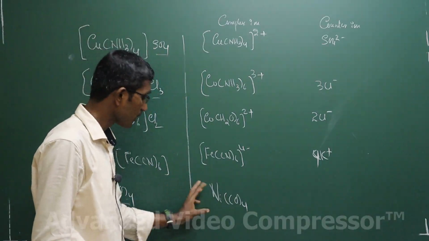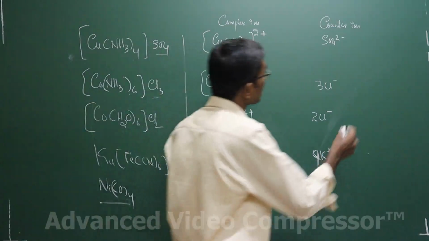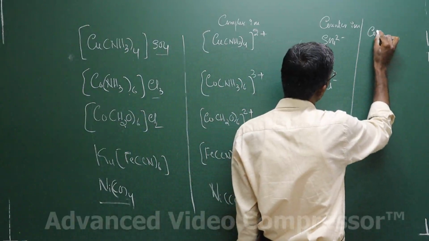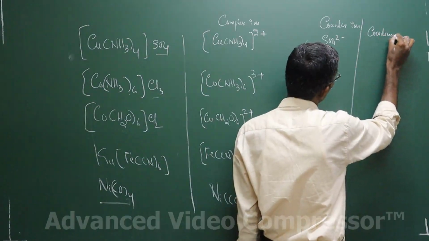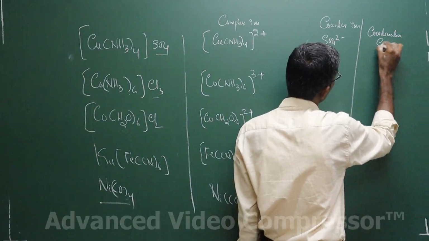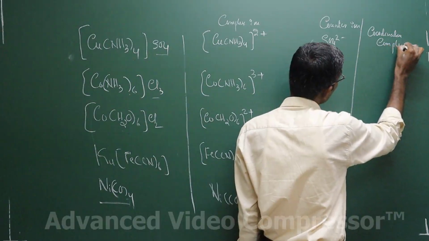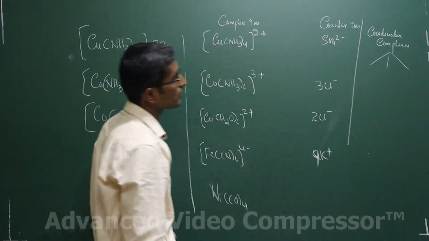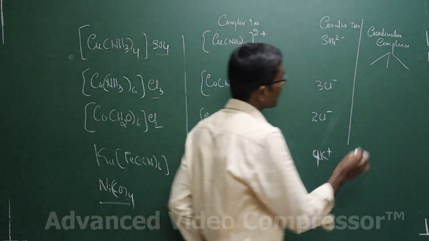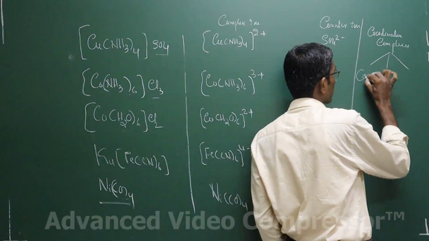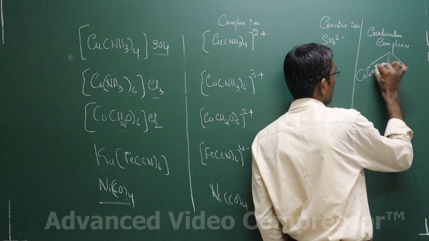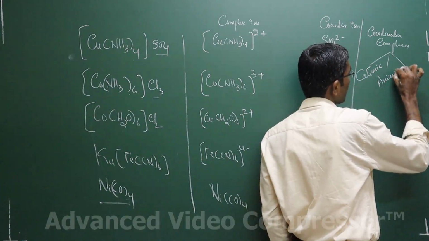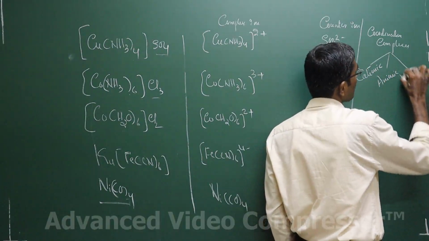In other words, coordination complexes can be subdivided into 3 classes. One is cationic complexes, another is anionic complexes, and one more is neutral complexes.